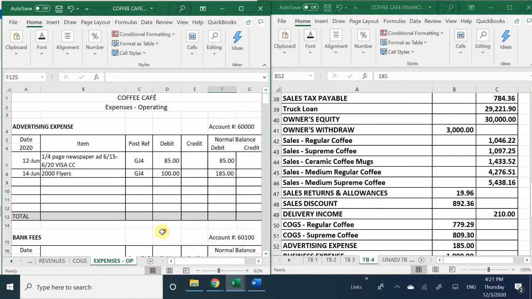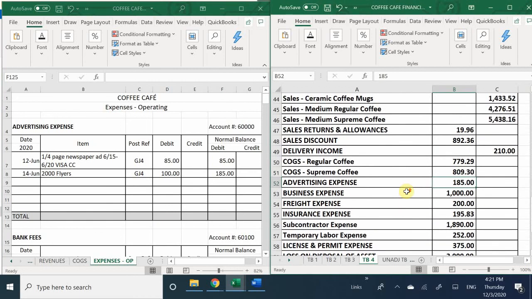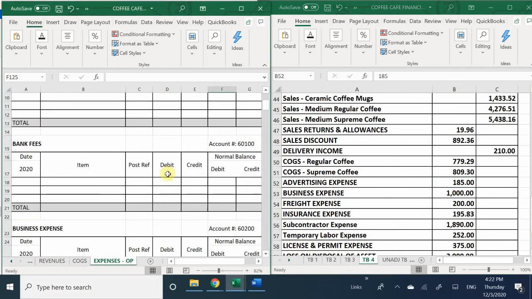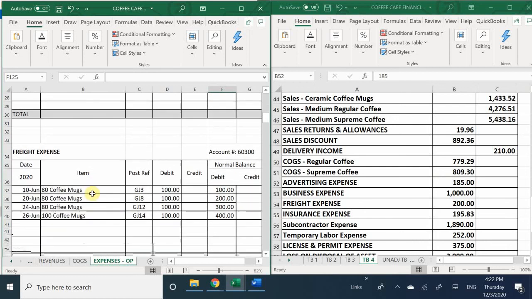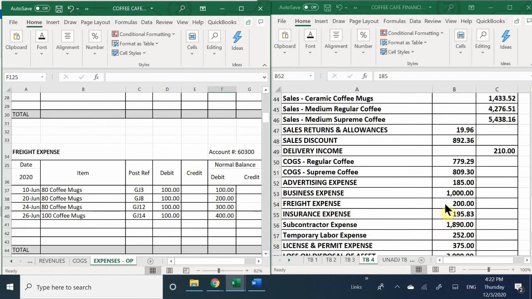Now we move on to expenses. So let's go through every single one. Advertising expense. Has that changed? Still the same. Bank fees. Nothing, not yet. Okay. Business expenses. Same. What about our freight expense? It's at 400 now.